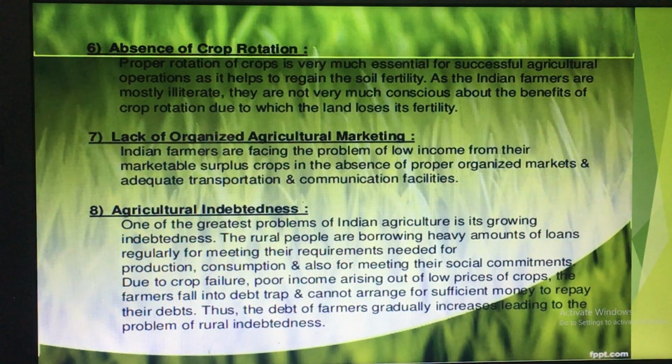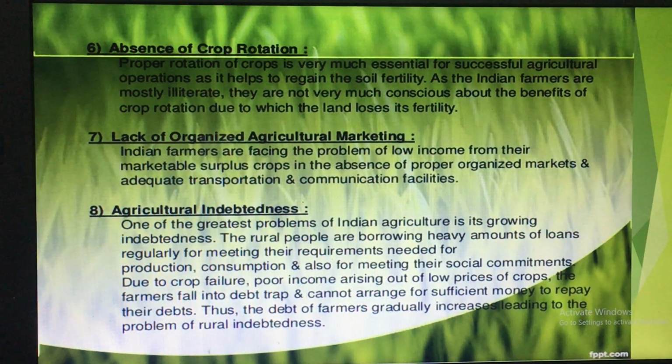Although they borrow every year, they are not in a position to repay their loans regularly, as either loans are larger or their agricultural production is not sufficient to pay their past debts. Thus, the debt of the farmer gradually increases, leading to the problem of rural indebtedness.